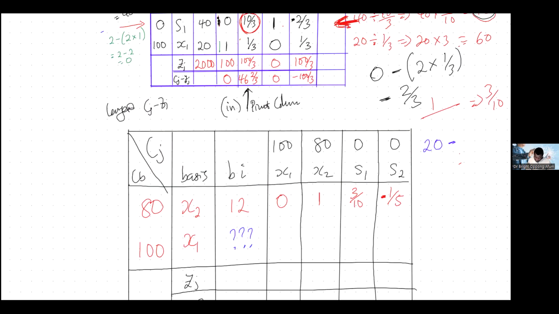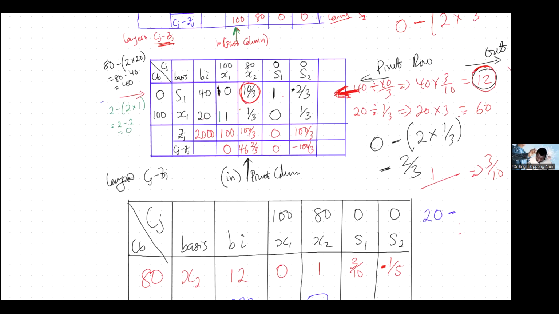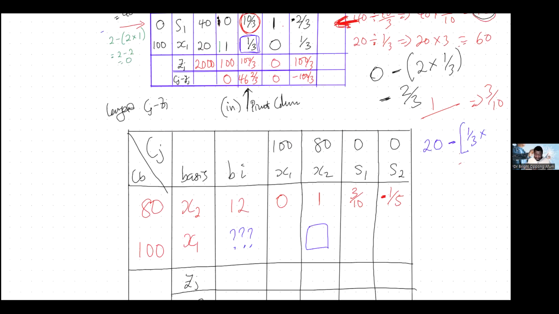Here, the corresponding pivot number is this 1 on 3. Everything will be revolving around 1 on 3. So 1 on 3 times the new number. What is the new number?